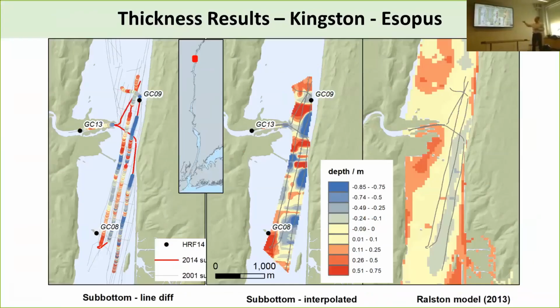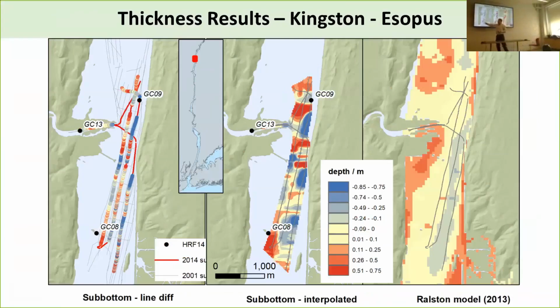The same is true if we go further up to the Saugerties Creek. We do see a little bit more deposition north and south of the creek mouth, which is maybe similar to what the model shows. But then it's a lot of back and forth, and it's kind of washed out if you interpolate here.